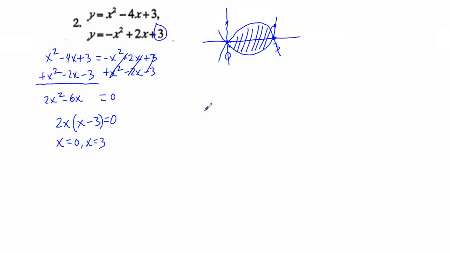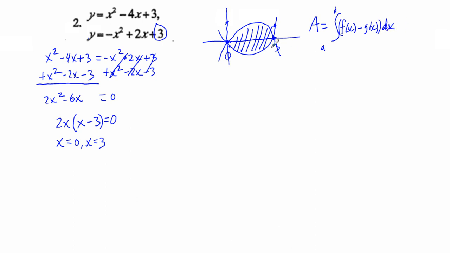So let's go ahead. When we find the area between two curves, our area is going to be the integral from a to b of a function f of x minus g of x, our lower function, dx.